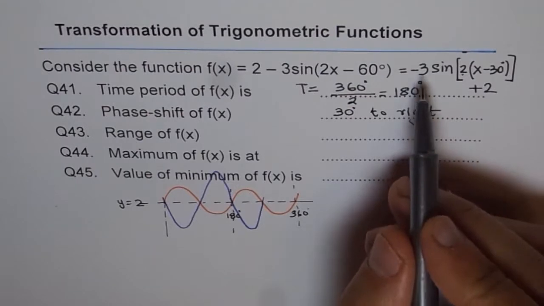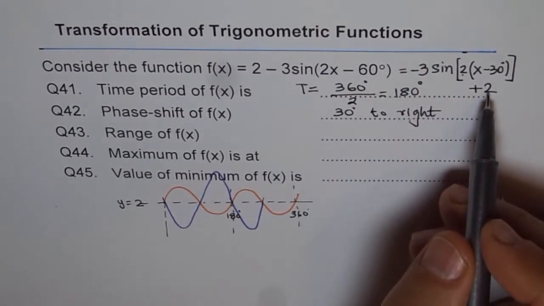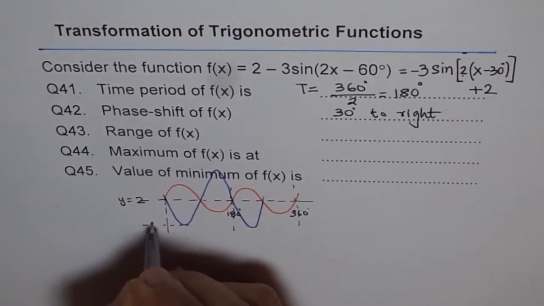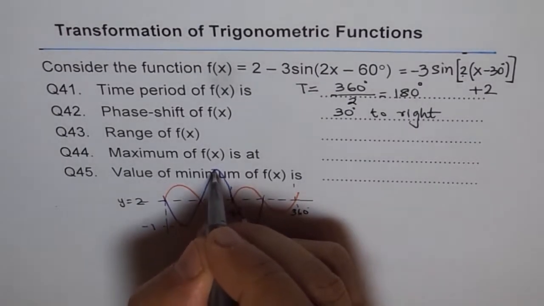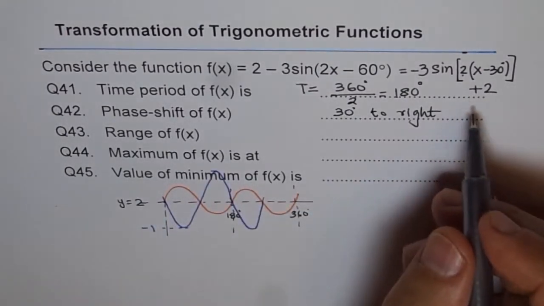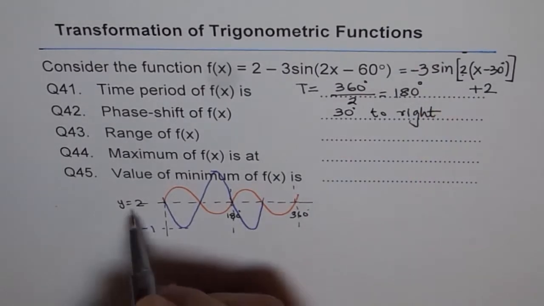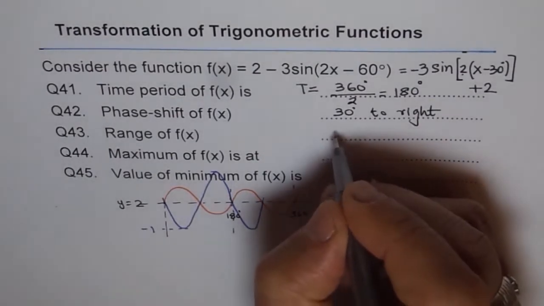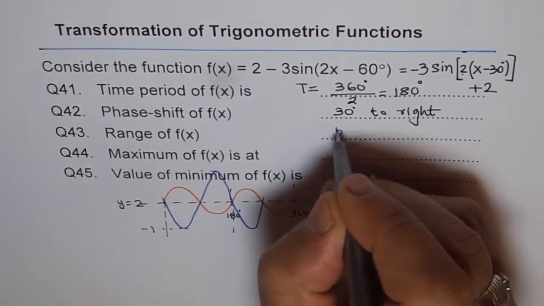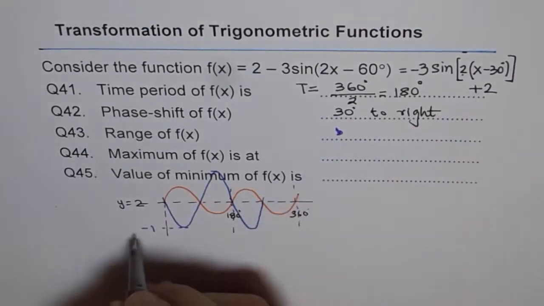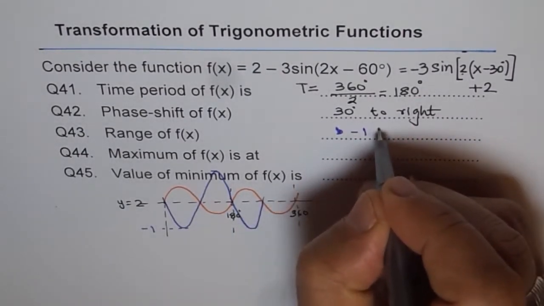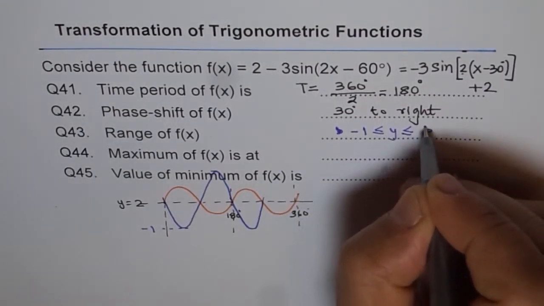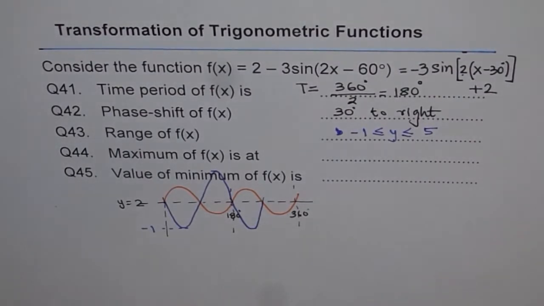So it becomes 2 minus 3, which is minus 1. And when you add 3, the peak will be at 5, right? 2 plus 3, 5. So the range basically is from minus 1. So y is greater than or equal to minus 1 and less than or equal to 5. That is the range for us.